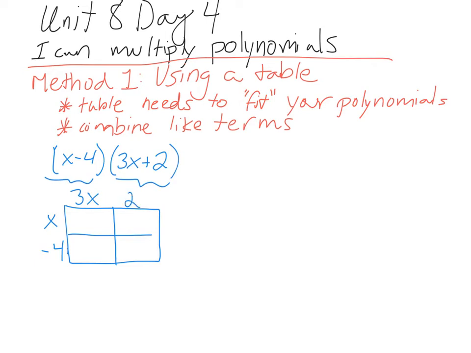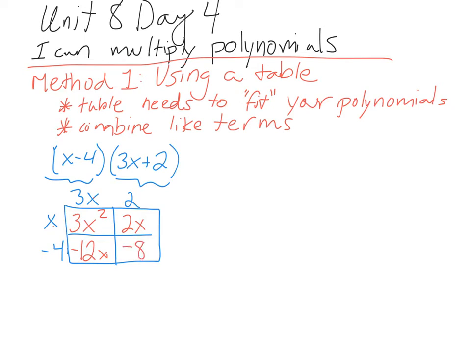With this, you have to multiply all of the parts. So x times 3x is 3x squared. x times 2 is 2x. 3x times negative 4 is negative 12x. And negative 4 times 2 is negative 8.